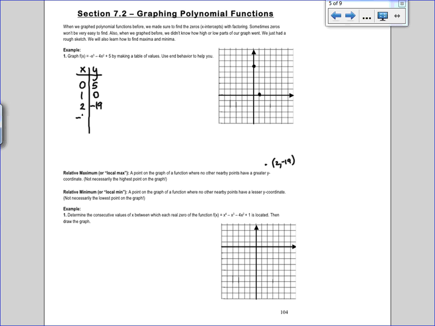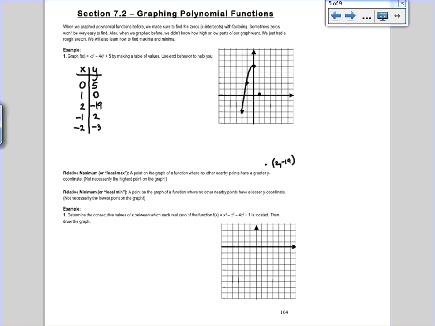So let's go to the negatives. When I plug in -1, I get 2. Now when I plug in -2, I get -3. So this tells us that, since polynomials are smooth and continuous, the graph had to go down through here.